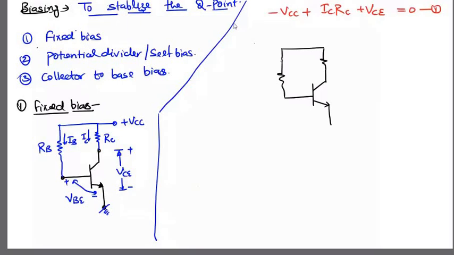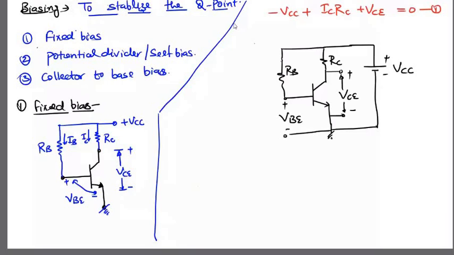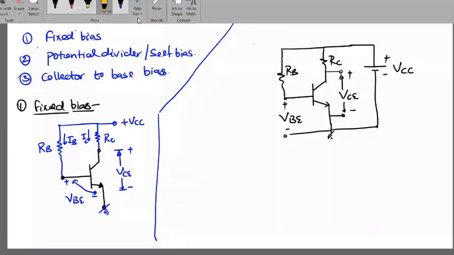You can see here there is one loop, this is one loop, and this is another loop. This is the first loop, this is the second loop.